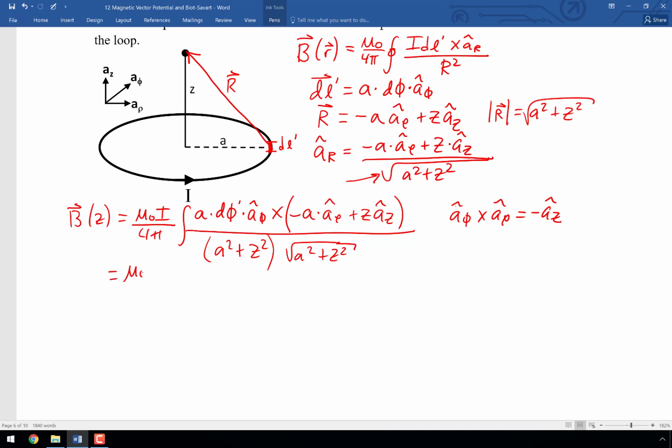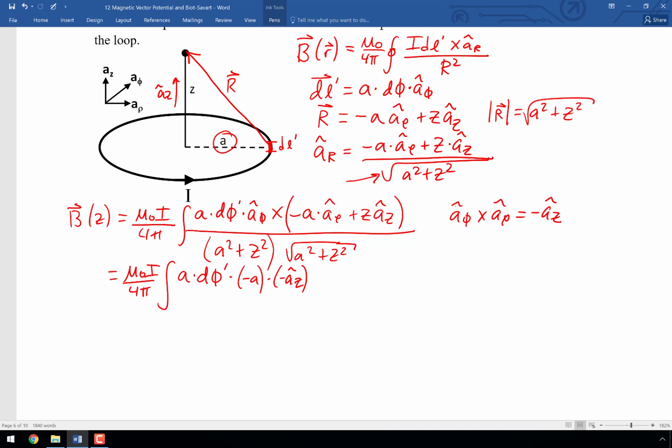So this is equal to mu sub 0 I over 4 pi times, and we're not ready for the integration limits yet. So this is still just an integral of, now there'll be an a times d phi prime times a negative a times, and now I end up with the negative a sub z. Now remember that the a is actually the radius of that loop, and a sub z is actually a unit vector that is pointing in this direction.